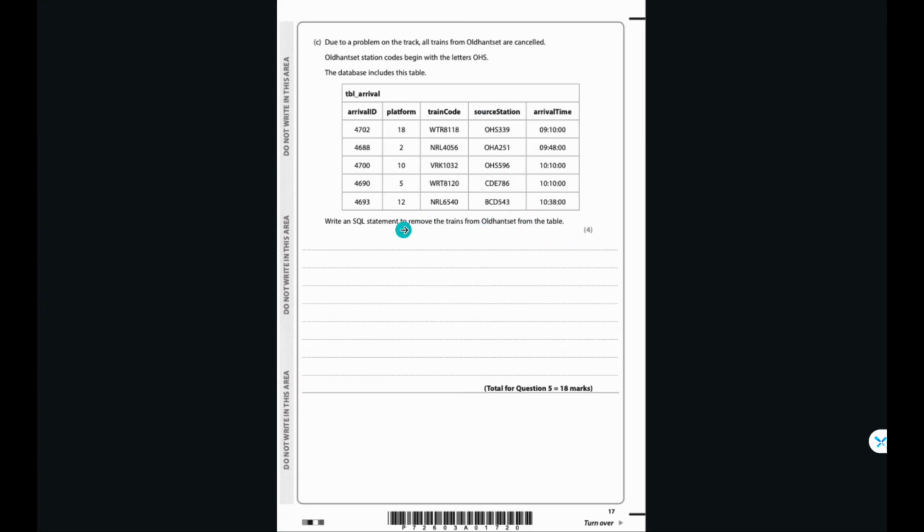So for removing, we are using delete as our syntax for SQL. Then we have to find out from which table, right? So the table is table arrival. So from table arrival, we will remove all these things. Then they mention that the code begins with OHS.